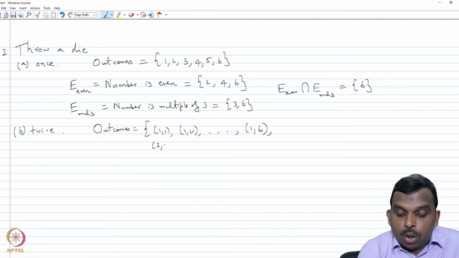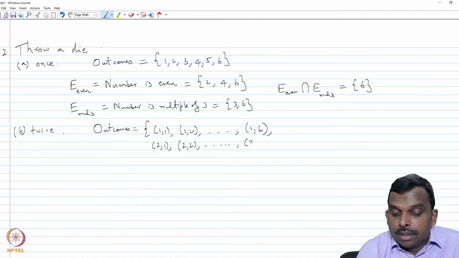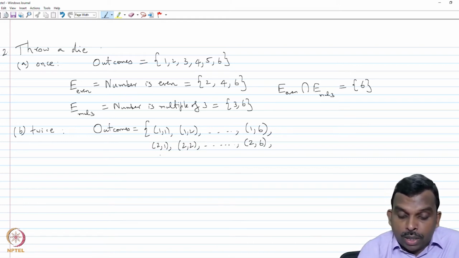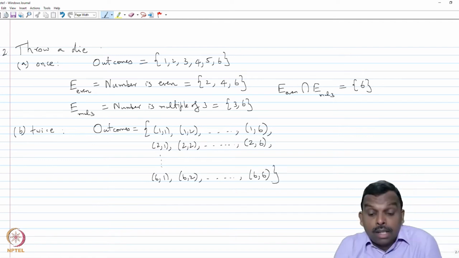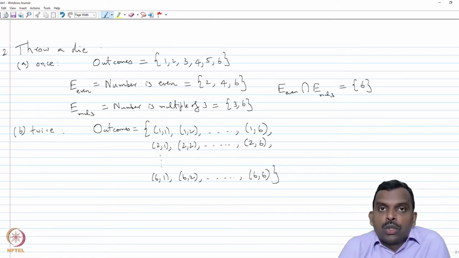Likewise, you can write down all the possibilities here. When you throw a die twice, we'll go all the way to 6 comma 1, 6 comma 2, dot dot dot, 6 comma 6. This is the set of all outcomes when you throw the die twice.